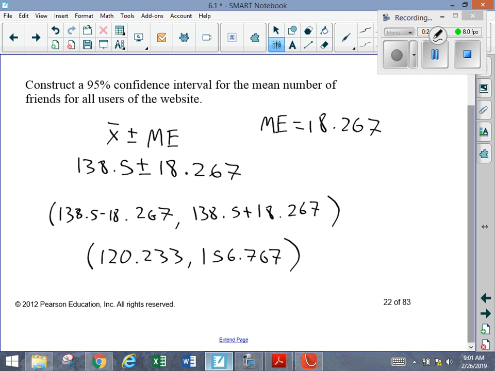Right? How do we interpret that? It's 95% confidence.